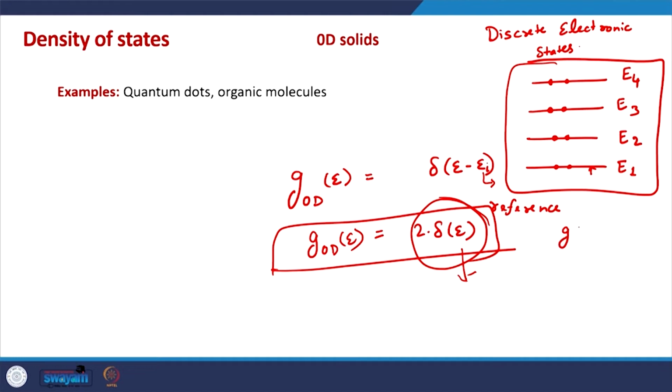As you might have seen in the 1D case, the density of states is inversely proportional to the square root of energy. So if we plot the density of states as a function of energy in the 1D case, what do you expect?